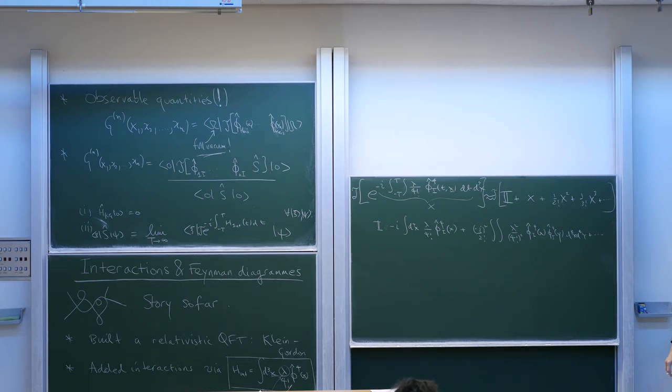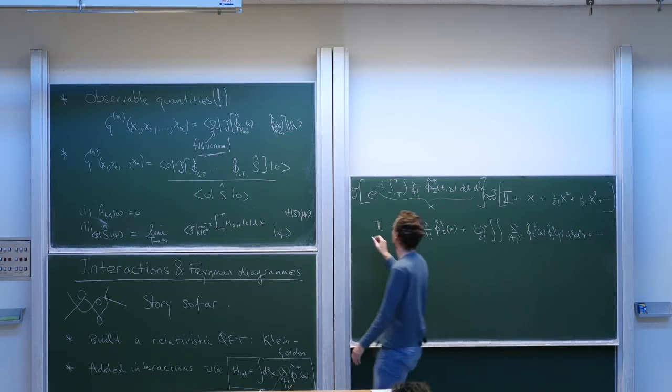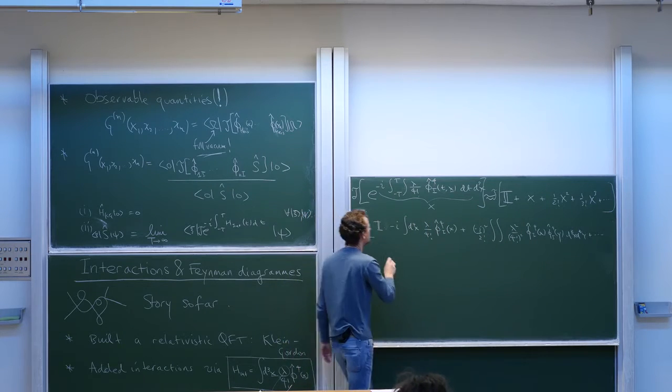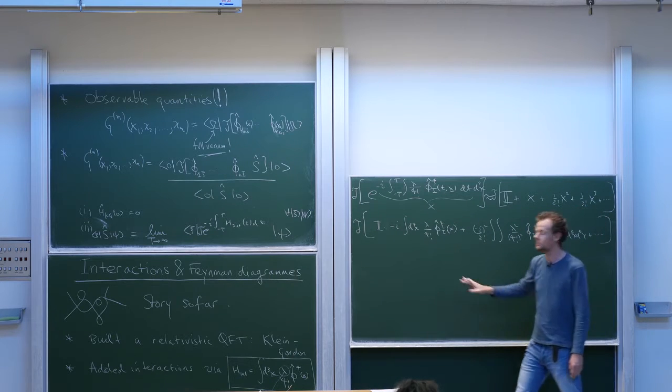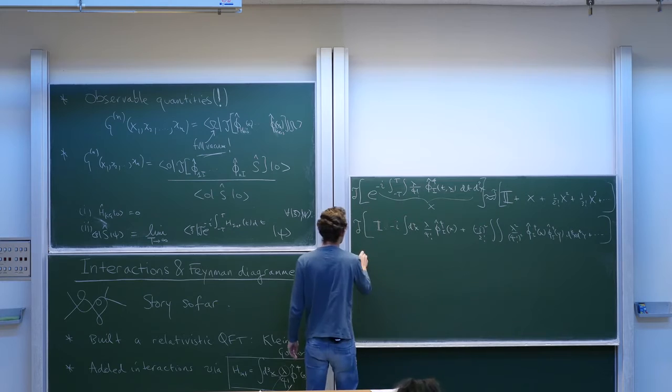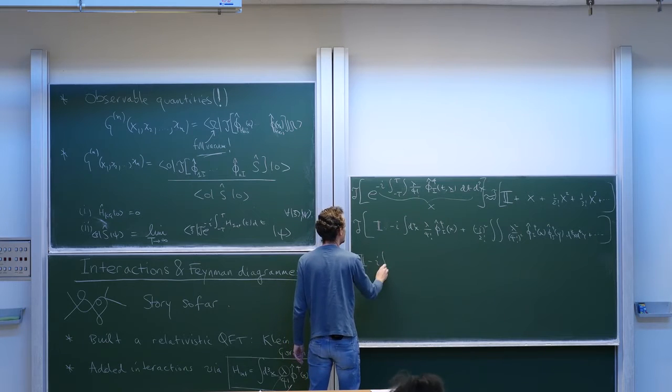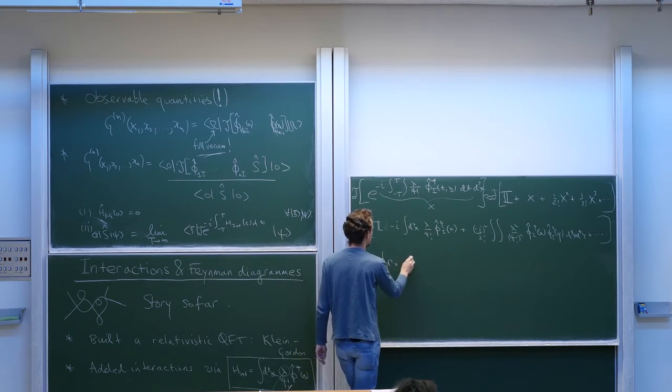Now, what happens when we apply the time ordering operator to all of this? Not that the time ordering operator is an operator, but what happens if we apply the time ordering thingy to this? Well, nothing happens at the beginning, right? The time ordered version of this is just 1 minus i integral d4x, and so on.